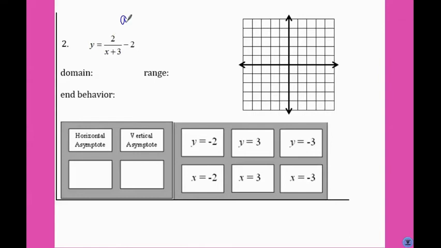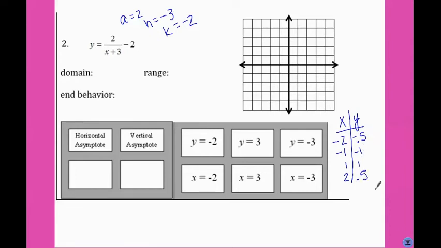So here, a is 2, h is -3, and k is -2. Copy down the parent chart.